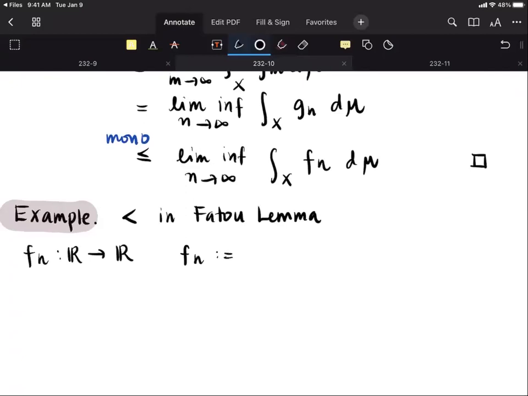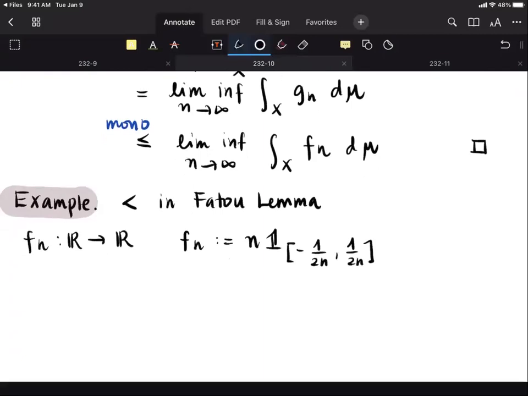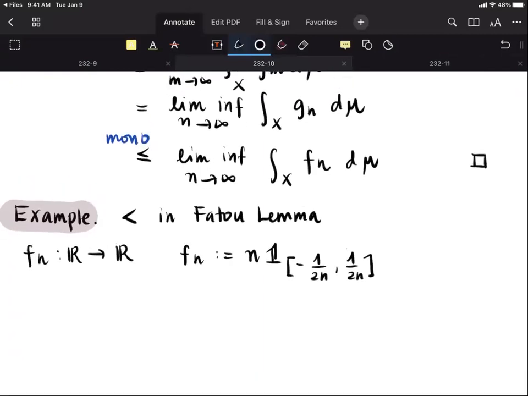This is the characteristic function of the closed interval from negative 1 over 2 to the n to 1 over 2 to the n. So here the height is n and the base is located in this interval. So this is clearly non-negative and measurable, being the characteristic function or being a simple function.